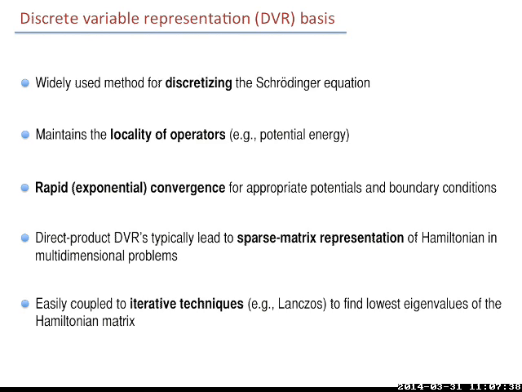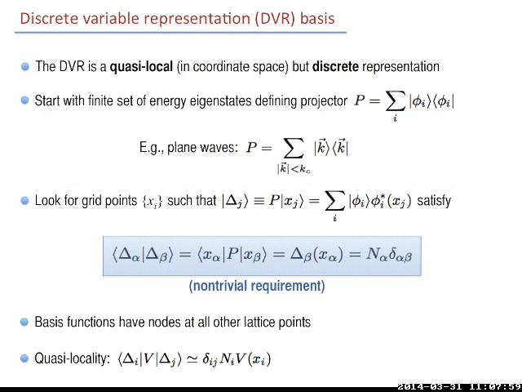And also, direct product DVRs typically lead to sparse matrix representations of the Hamiltonian in multidimensional problems, and are easily coupled to iterative techniques such as Lanczos. So in particular, this is what we'll be using to solve, say, the deuteron, triton, and alpha particles later.